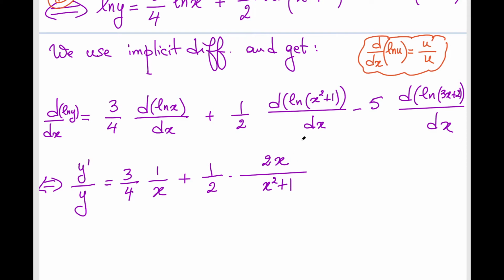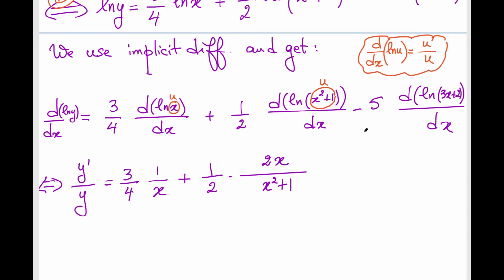Makes sense? I repeat one more time. Over here I used u to be x. Over here I used this guy to be u. So I get u prime over u by this property.